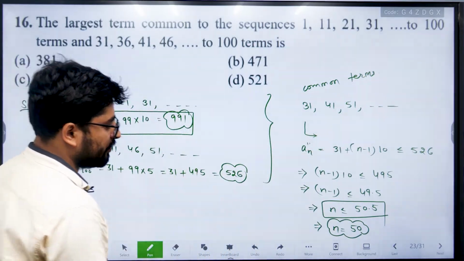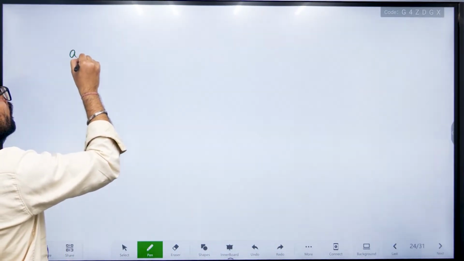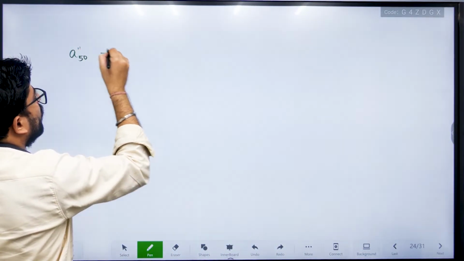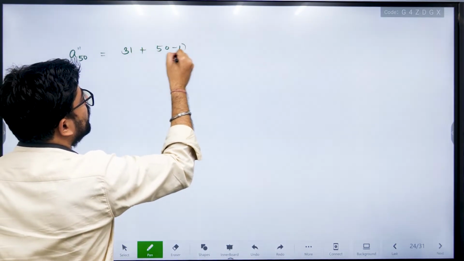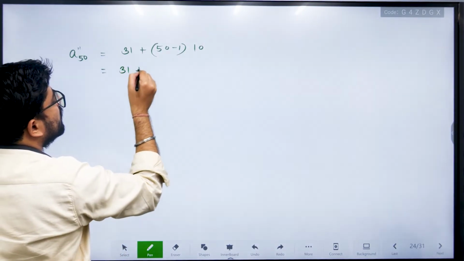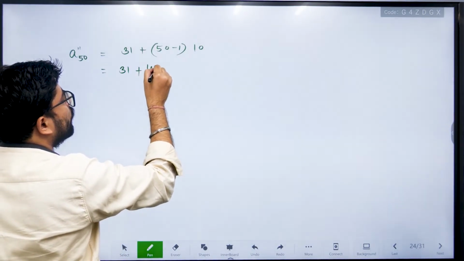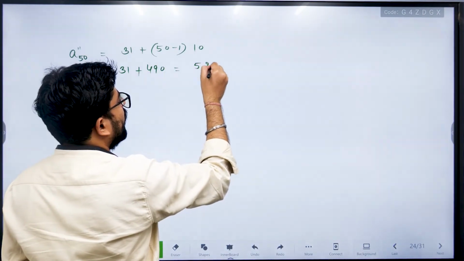So now calculate the 50th term, that is a plus (n minus 1) into d, 31 plus 490, that is 521.